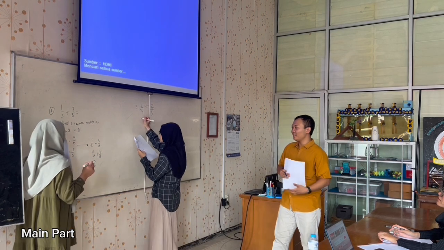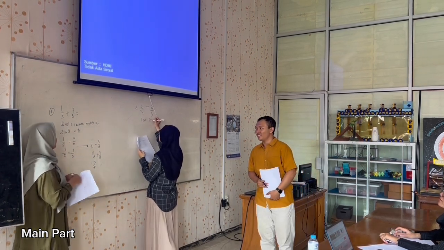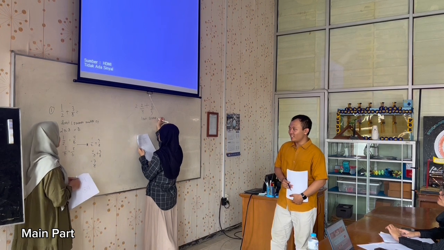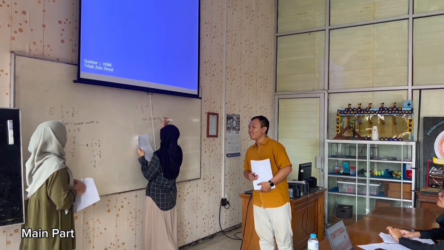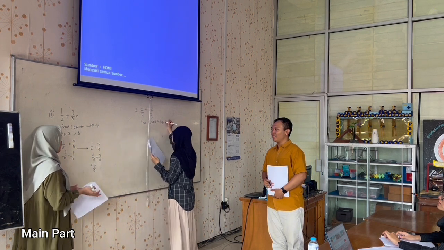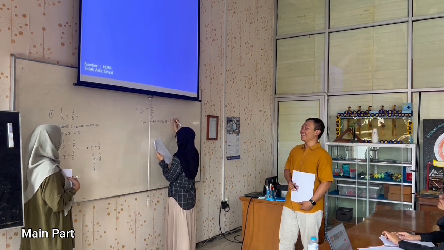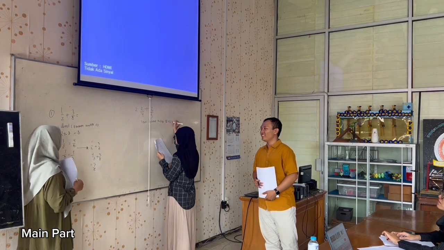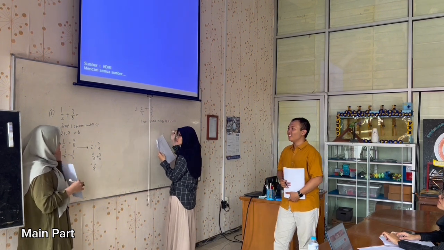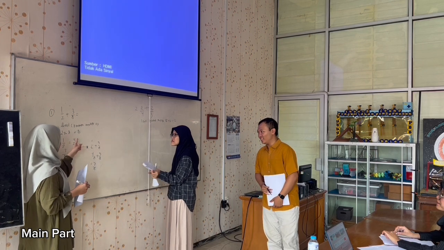Okay, my friends, so here number 1, I have 1 over 2 plus 3 over 8 equals. From the start, when we follow the steps, we can start from the common multiple of 2 and 8, it is 8.